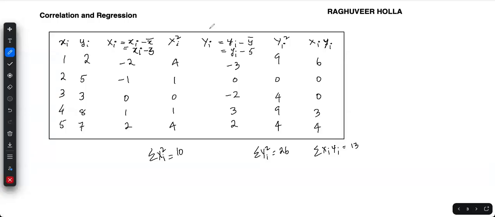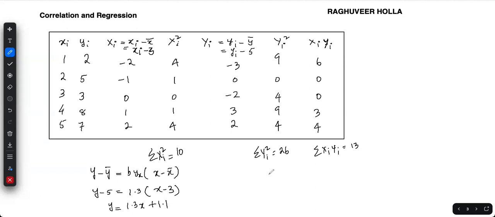Now we have to find the regression lines here. Which is y minus y bar equals b y on x times x minus x bar, right? So y minus 5 is 1.3 multiplied by x minus 3, or we can write y is equal to 1.3x plus 1.1.